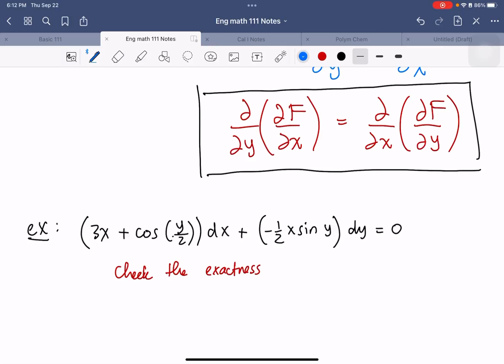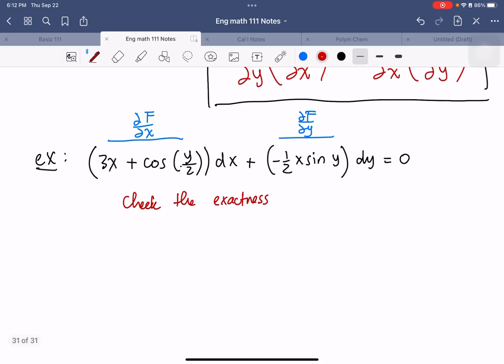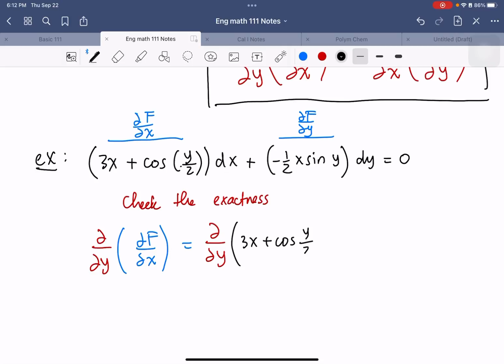At first, we identify this to be, let's just say, assume that this is ∂f/∂x, this is ∂f/∂y. And then we differentiate with respect to y for ∂f/∂x, so this will be equal to... now this only has y in the cosine, so cosine will be minus sine, and this has y over 2, so minus 1/2 sine y over 2, and the x part will be 0.